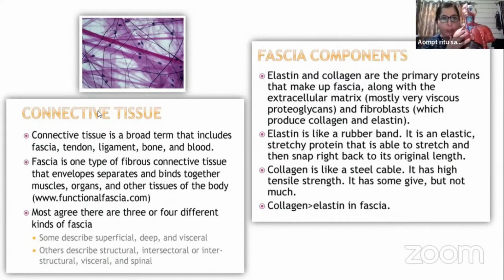If there is no fascia, no collagen fibers like a steel cable, no tensile force, only compression forces coming, all the structures will overlap with each other. So the fascia components are the elastin, which gives the coming back capacity like a rubber, and the collagen, which is like a steel cable. They make the tensile force with each other. They make the structure so that other structures can keep their places. They will not collapse or overlap on each other.